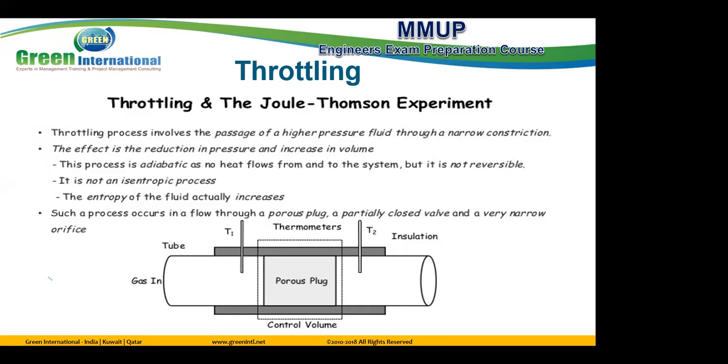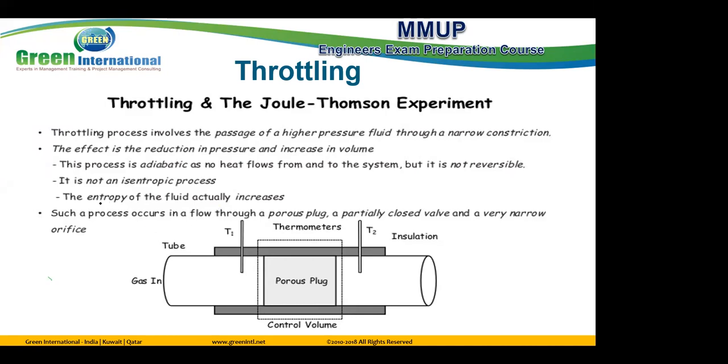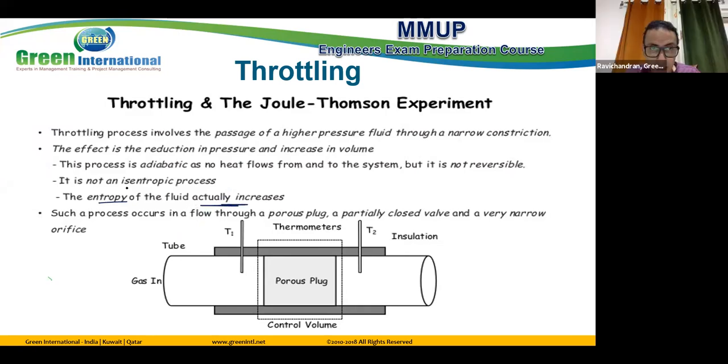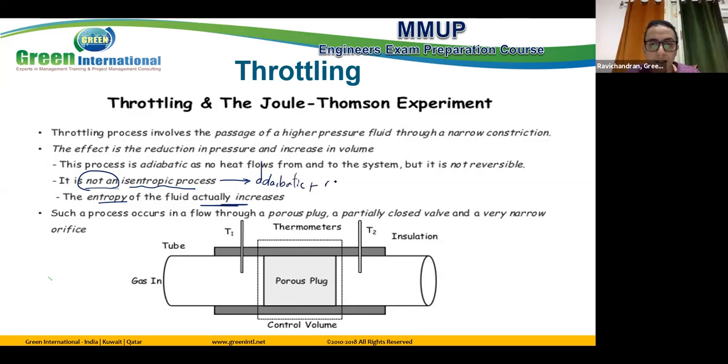This process has some notes here, but we're going to define this in detail in the next slides. Entropy actually increases. The process is not isentropic. What's meant by isentropic? You'll check this later. Isentropic means adiabatic and reversible.